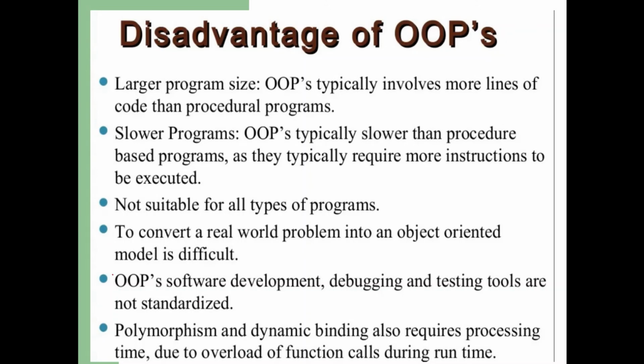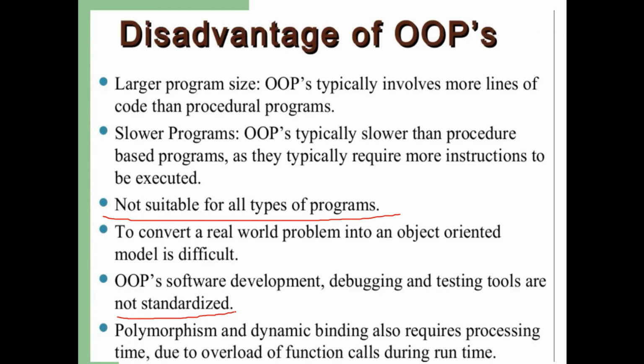The next disadvantage is that it is not suitable for all types of programs. Converting a real-time program into an object-oriented program is difficult. Software development, debugging and testing tools are not standardized while writing a program using C++.